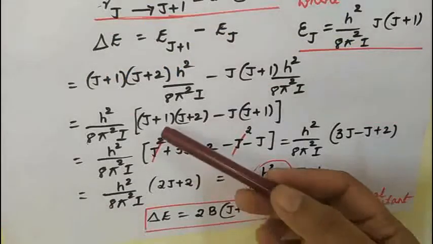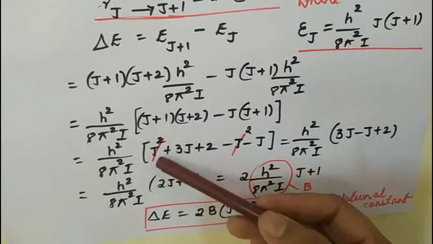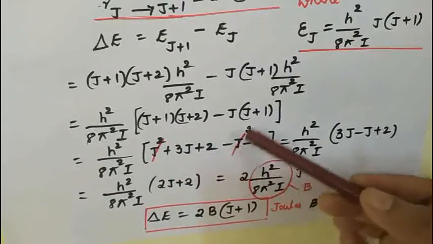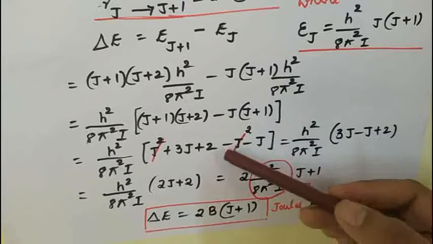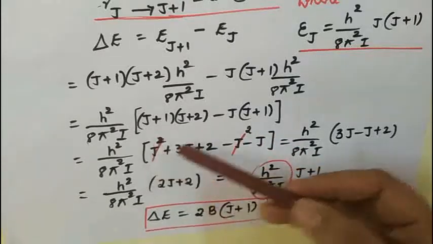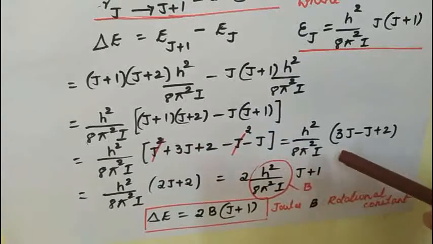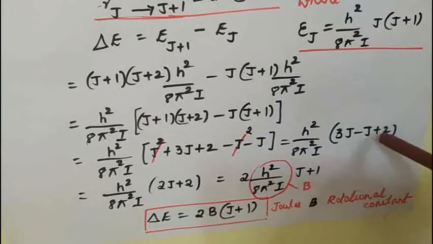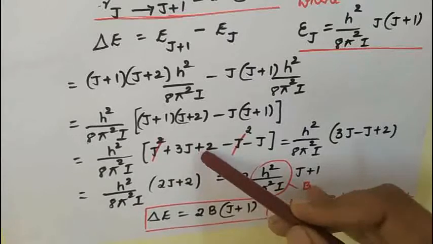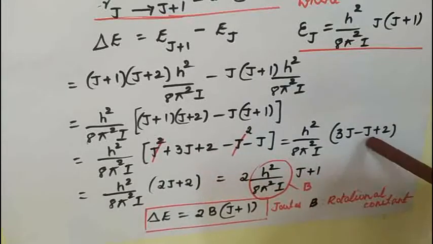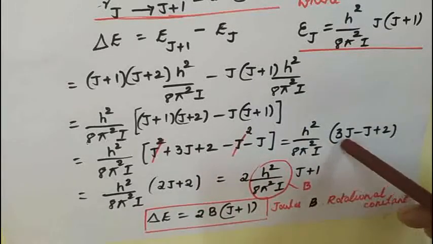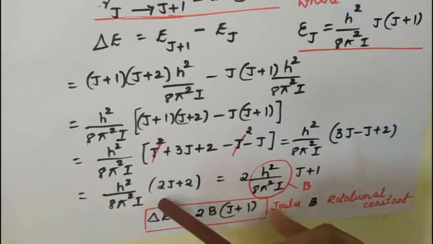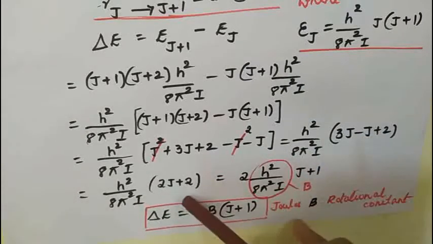Now if you solve this equation, then we have J squared plus 3J plus 2 minus J squared minus J. Minus J squared and plus J squared get cancelled with each other. Then we have the final expression h squared over 8 pi squared I into 3J minus J plus 2. Now 3J minus J will become equal to 2J plus 2.